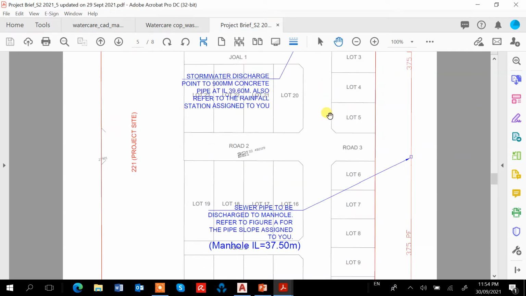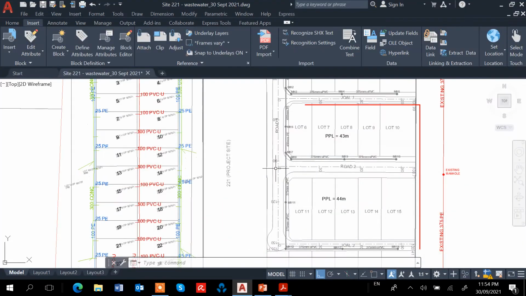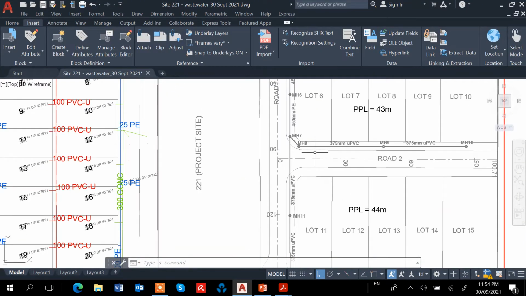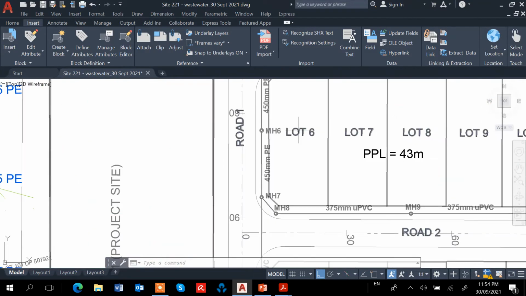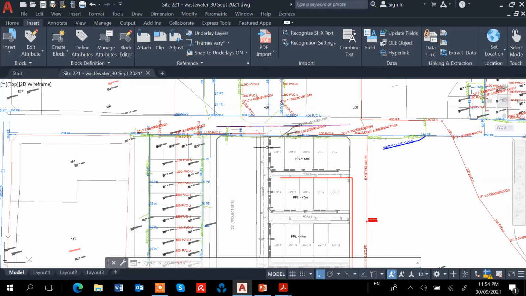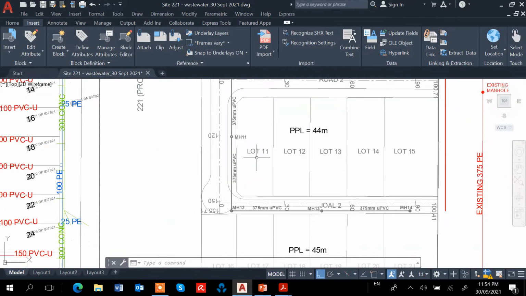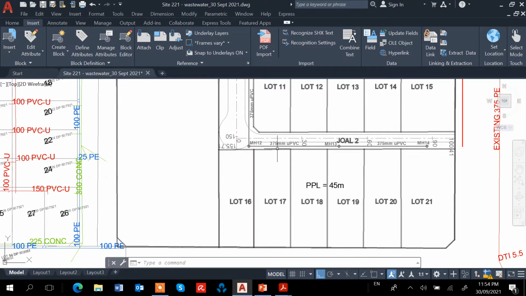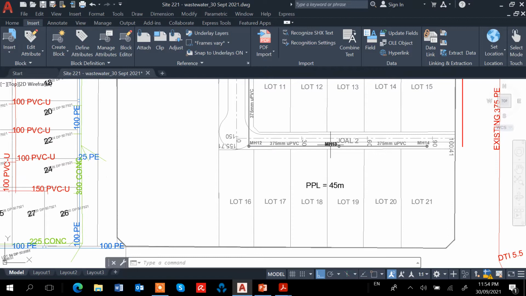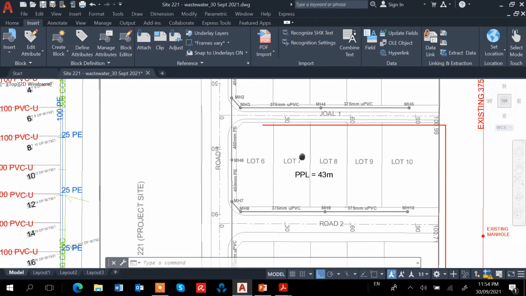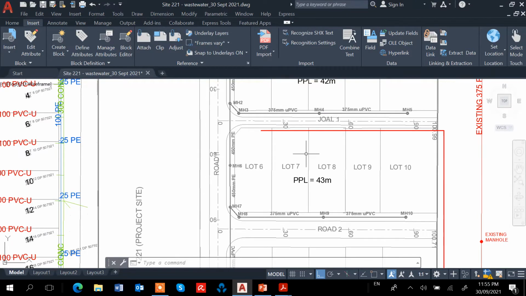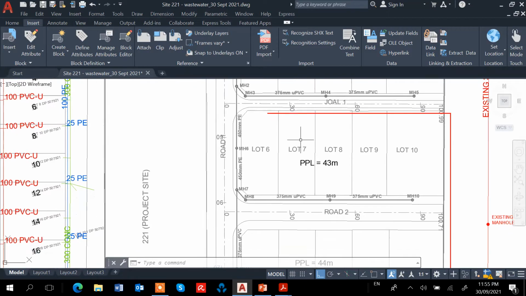So you need to have a sewer pipe along this road 1. But for my case, because I don't have any lots along road 1, lots 1, 6, 11 can be served by the sewer pipe along jaw 2, road 2, and jaw 1. So I will skip the road 1.